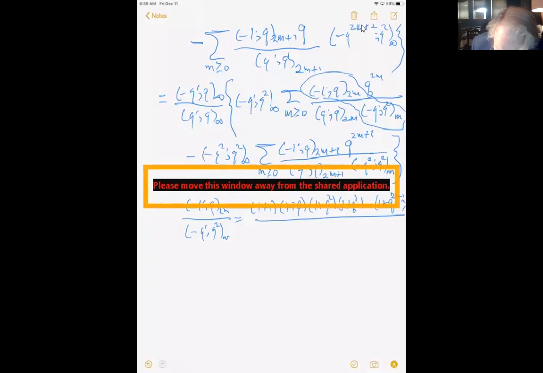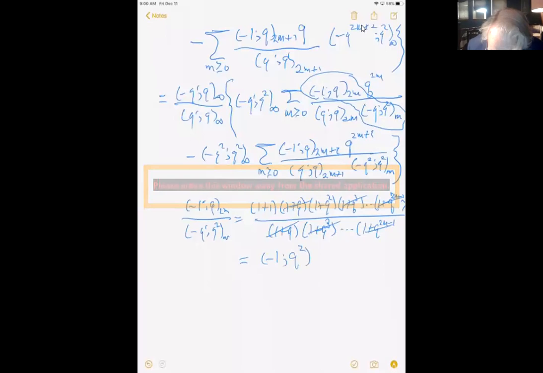And the denominator is 1 plus q cubed, all the way up to 1 plus q to the 2m minus 1. All the factors in the denominator appear in the numerator. And so this becomes minus 1 semicolon q squared sub m.